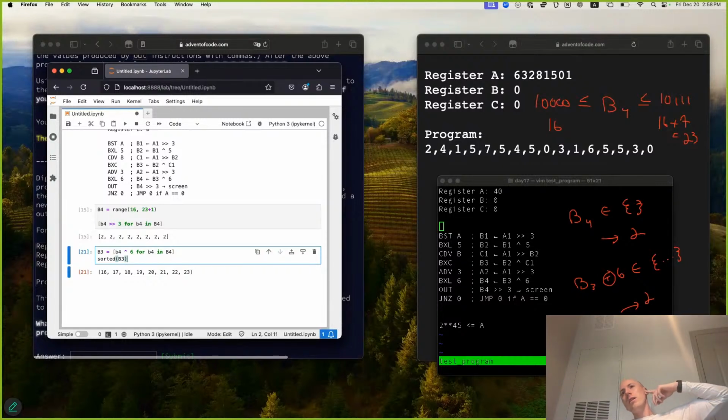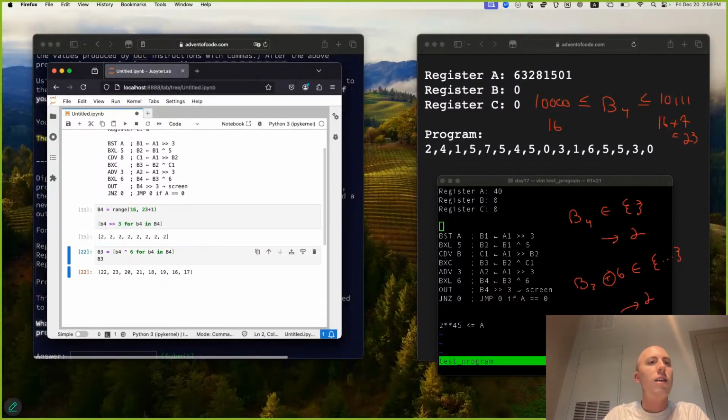I guess that kind of makes sense because they just got jumbled up: 18, 19, 16, 17, 22, 23, 20, 21. That's really weird. It's almost like a rotation, like a ROT13 kind of thing.